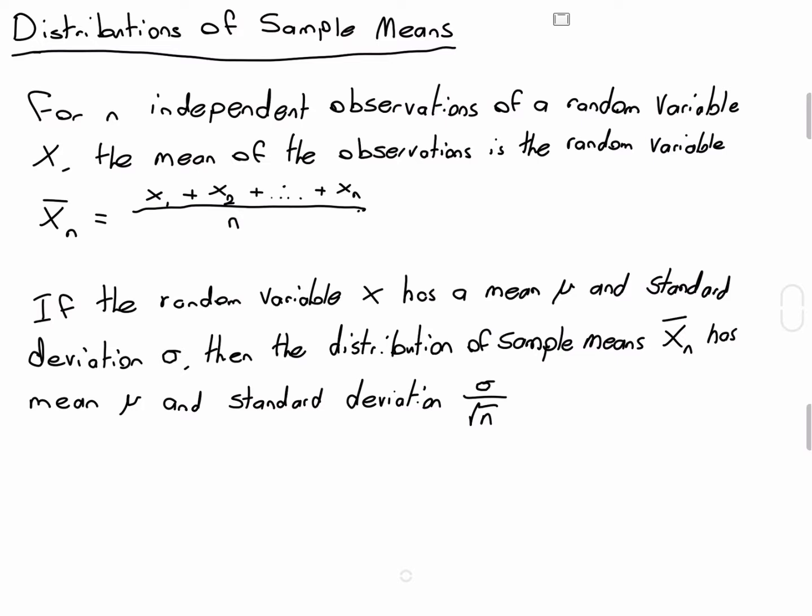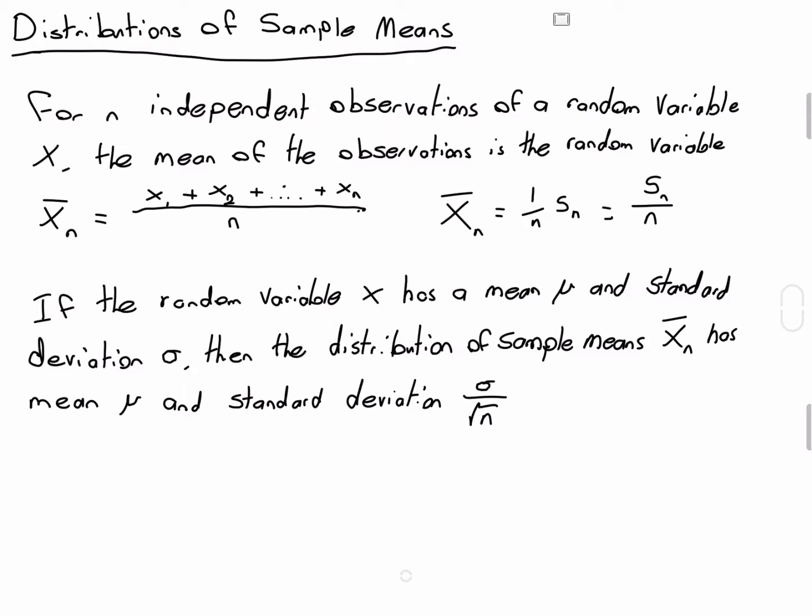So we could rewrite our sample mean X̄n as being equal to 1 over n multiplied by Sn, which is the same as Sn over n. Either way is acceptable. Pick one. So that's the mean of it.